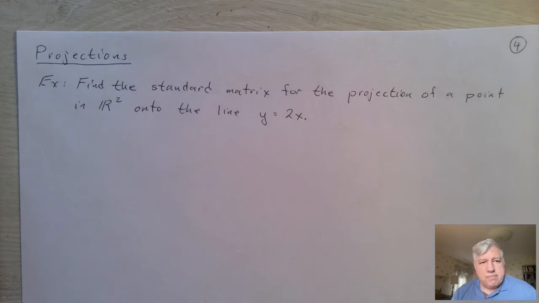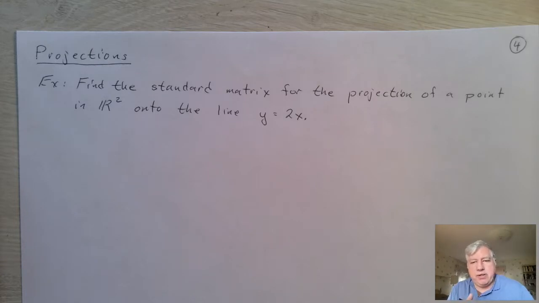Right now I want to start by looking at two types of linear transformations that have nice geometric interpretations, and that is projections and rotations. Those are things that we can kind of relate to. We'll first look at projections, and in this case we'll be working in R2 and projecting a point, or a vector, onto a line that goes through the origin.